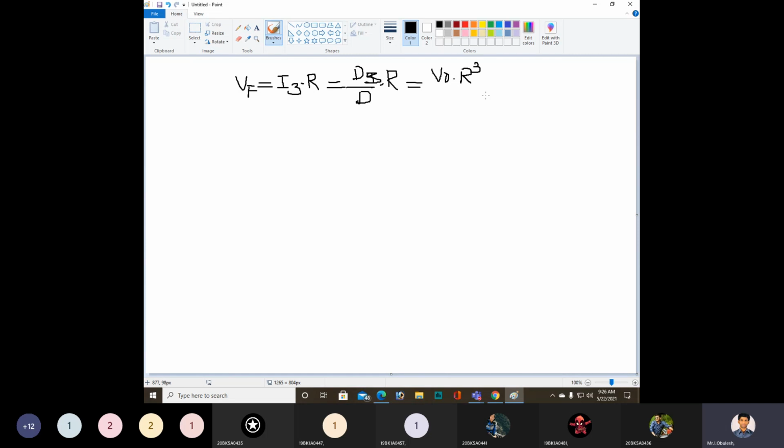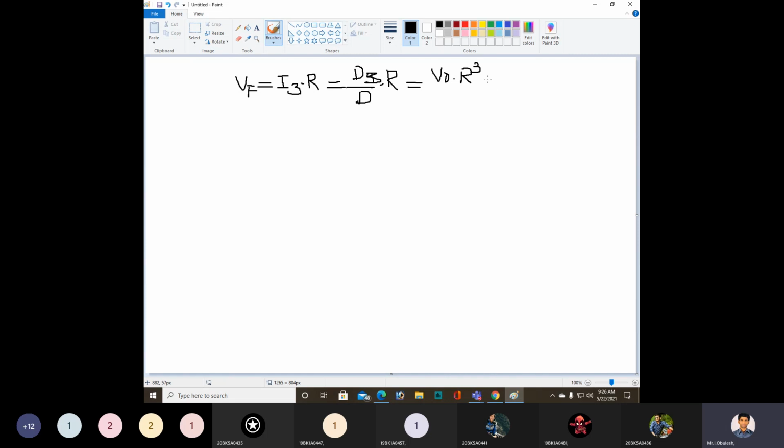Then D is nothing but, you know the D value, right? What is the D value? 1 plus 5SRC plus 6 S square C square R square plus S cube R cube C cube, by S cube C cube, is the D value.